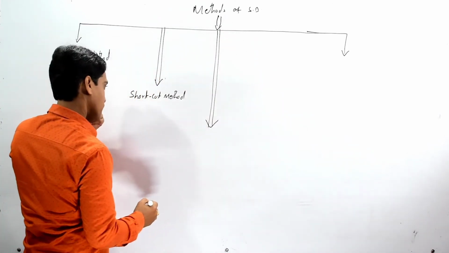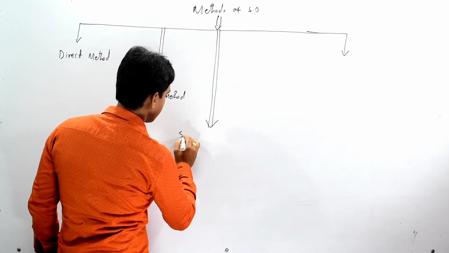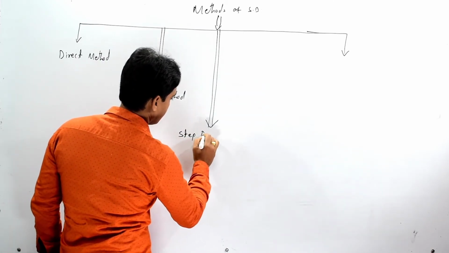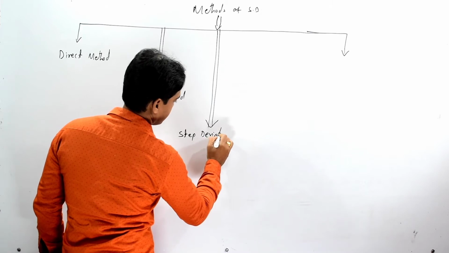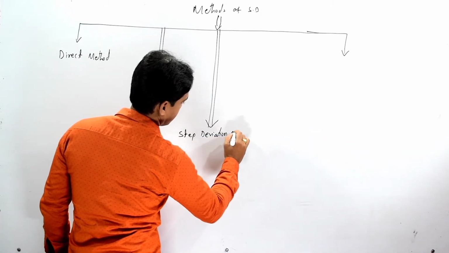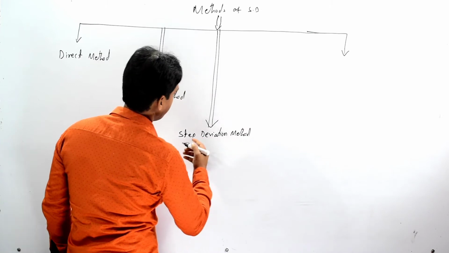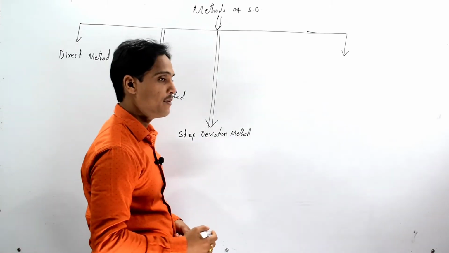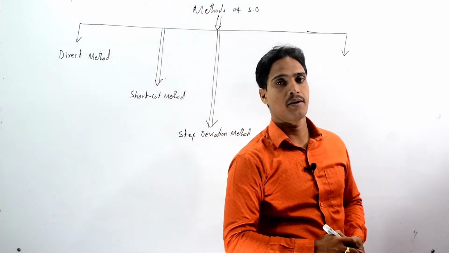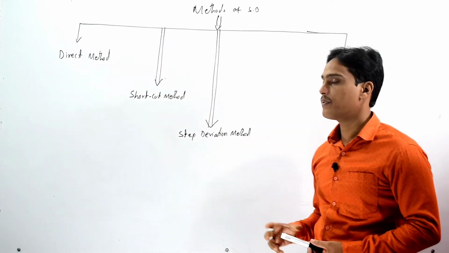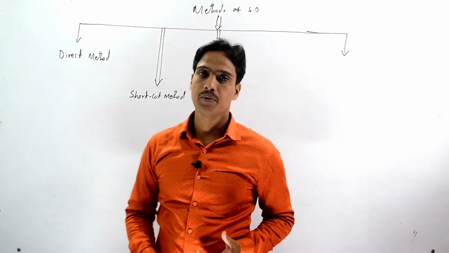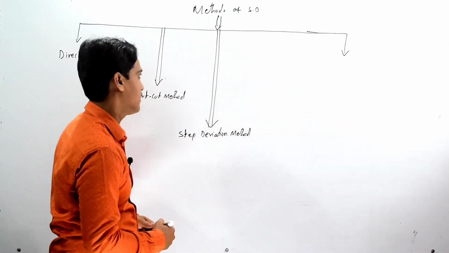And the next one is the step deviation method, where we divide the deviations taken from the assumed mean by the common factor for computing standard deviation.